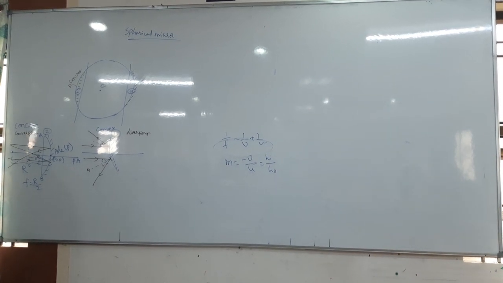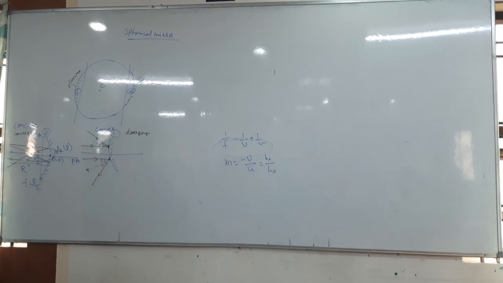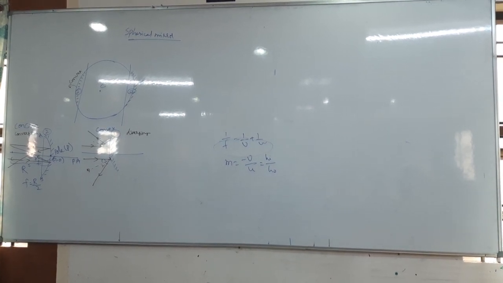Focus, the image point, focus capital F: image point for the paraxial rays, at capital R by 2.